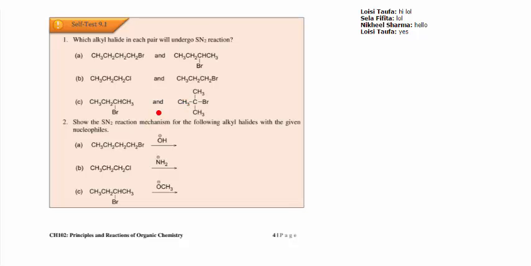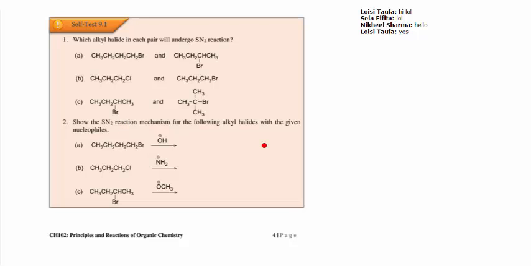So regardless of the fact that both the leaving groups are the same, tertiary alkyl halides will never undergo any SN2 reactions ever. So of the two, the secondary alkyl halide is much more easily able to undergo SN2 reactions.